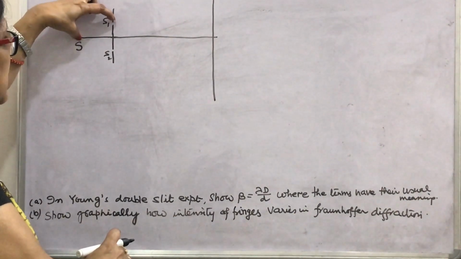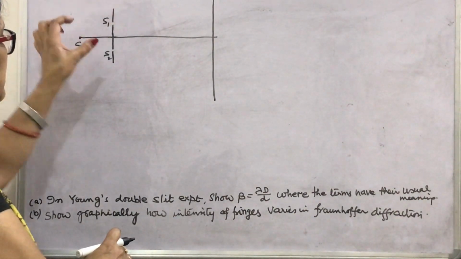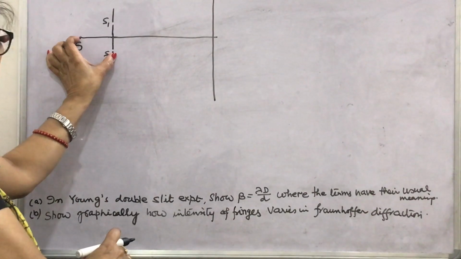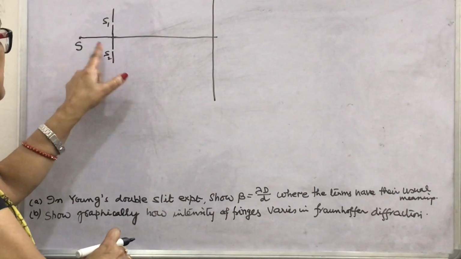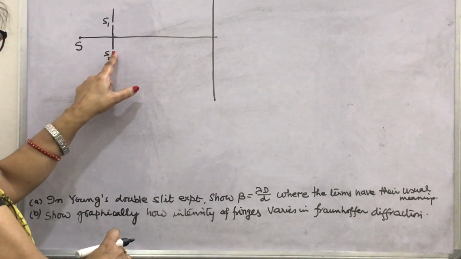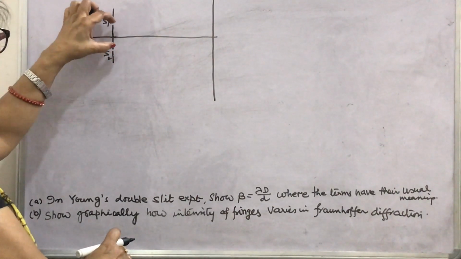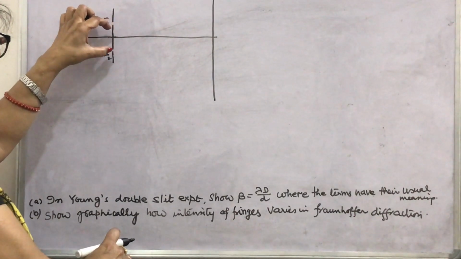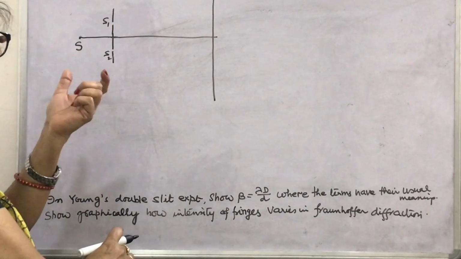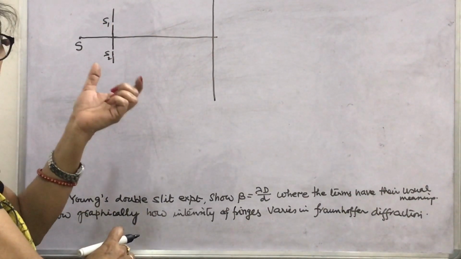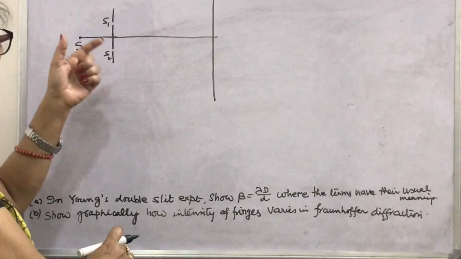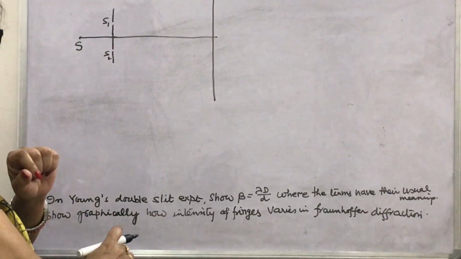That means the path length from S to S1 is the same as the path length from S to S2. Therefore, these sources produce waves of the same phase, and this is the requirement for an interference pattern to take place, so S1 and S2 act like coherent sources.